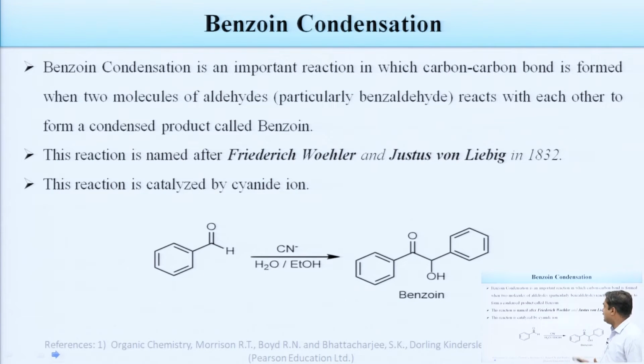Benzoin condensation is an important reaction in which a carbon-carbon bond is formed when two molecules of aldehyde, particularly benzaldehyde, react with each other to form a condensed product known as benzoin. So, two molecules of the aromatic aldehyde, particularly benzaldehyde, are condensed together in the presence of cyanide ion to give a product known as benzoin.